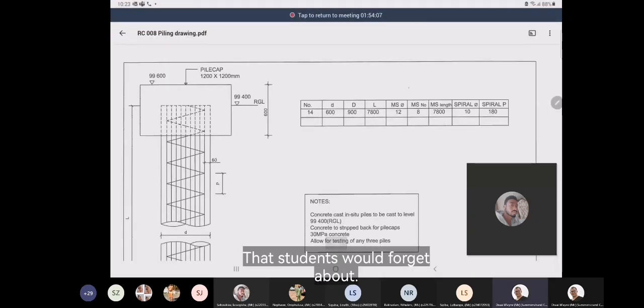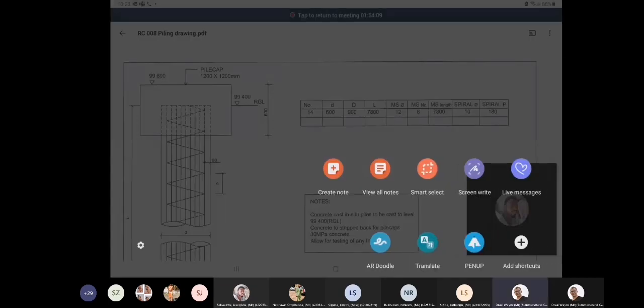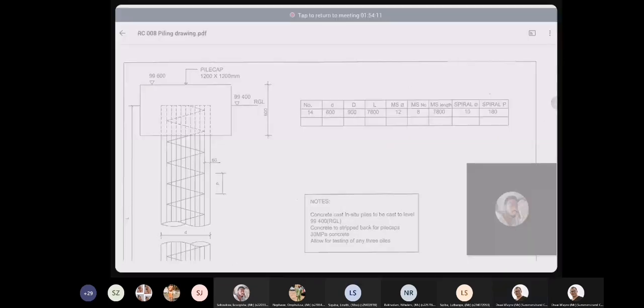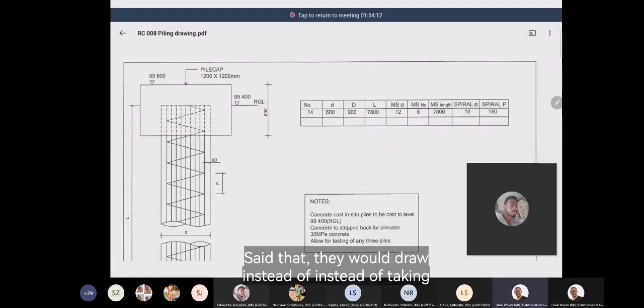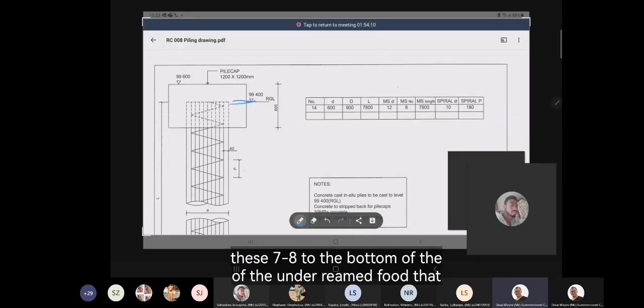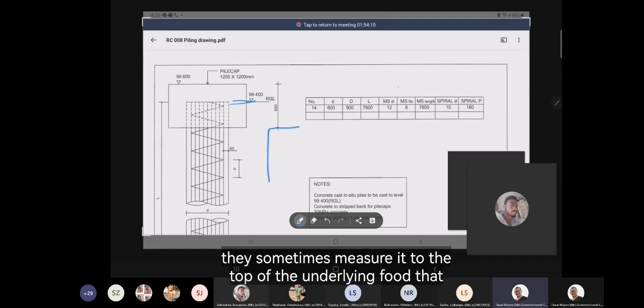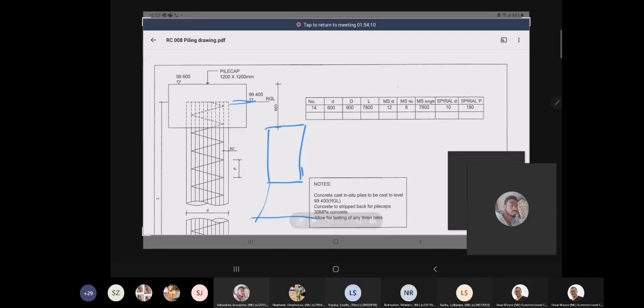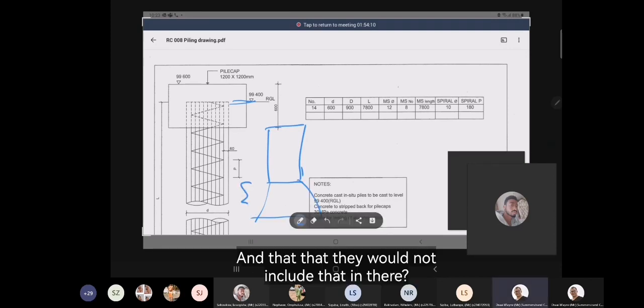One of the common mistakes would be that students would forget about deducting. Instead of taking the 7, 8 to the bottom of the under-reamed foot, they sometimes measure it to the top of the under-reamed foot, and they would not include that in there.